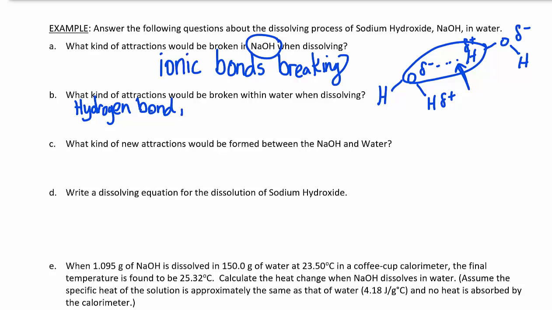This happens to have a dipole, so these are dipole-dipole. And everything has London dispersion, so you also have to break your London dispersion intermolecular forces.